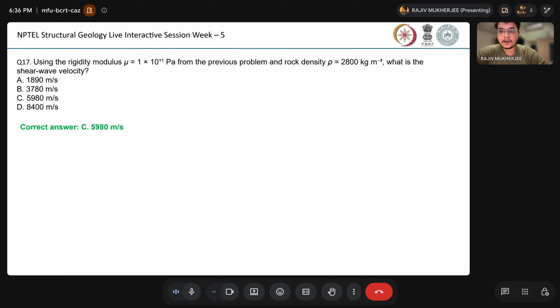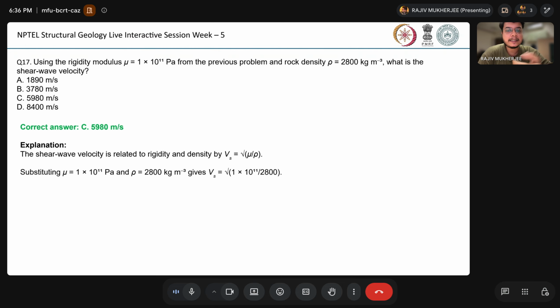The correct answer is option C, 5980 meter per second. And the explanation is that the shear wave velocity is related to rigidity modulus and density by this formula. Vs is equal to the square root of G by rho.